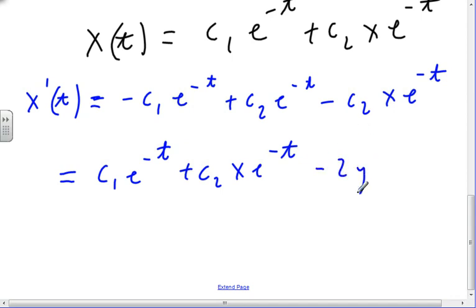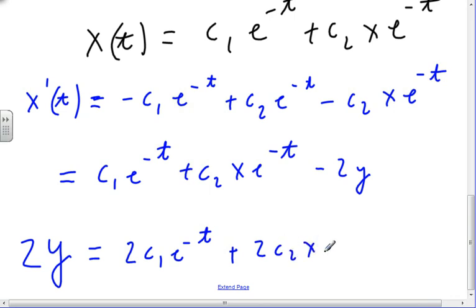Minus 2y. So y is going to be equal to, we'll put a 2 there so we'll not worry about it yet. Okay, so I got 2 c1 e to the minus t. I got plus 2 c2 x e to the minus t, and then I got minus c2 e to the minus t.